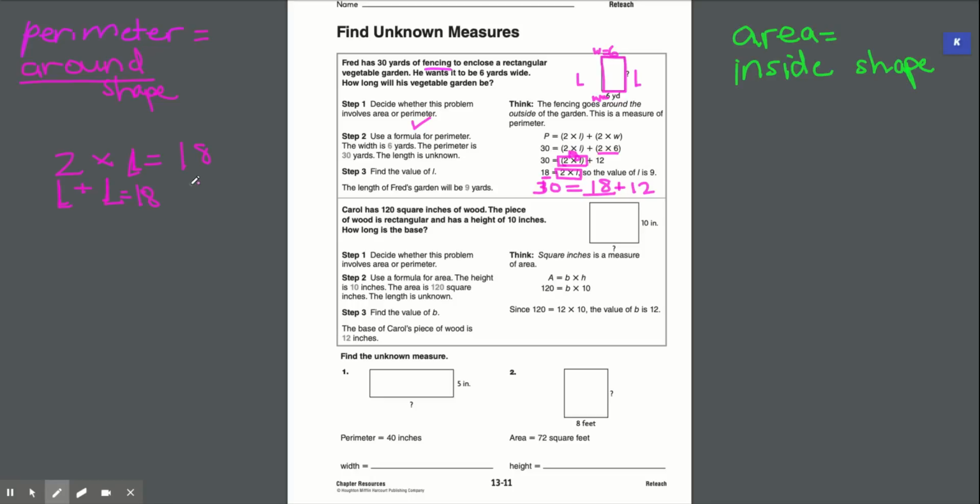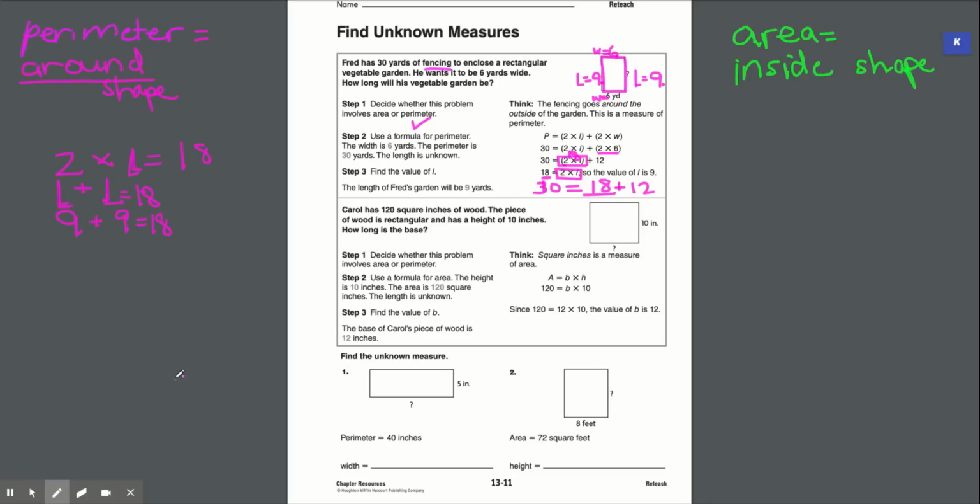That's the same thing as 18 divided by 2 is L. So L must be 9, because 9 plus 9 equals 18. So L is 9. Now we can check. 9 plus 9 is 18. 18 plus 6 is 24, and 24 plus 6 is 30. So the length of the yard is 9.